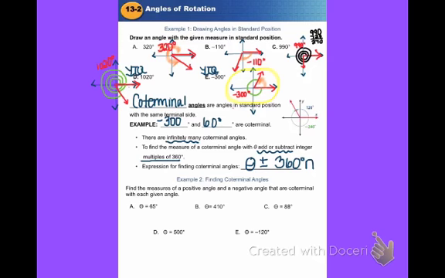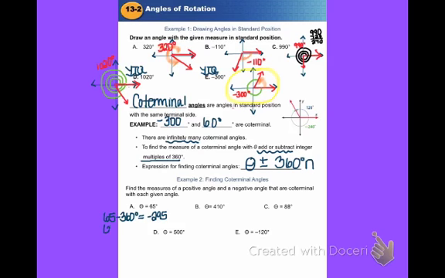So say, for instance, I wanted to find a positive and a negative angle that's coterminal with, say, example A, 65 degrees. Well, I could take 65 degrees and subtract 360 degrees, and that would give me negative 295 degrees.